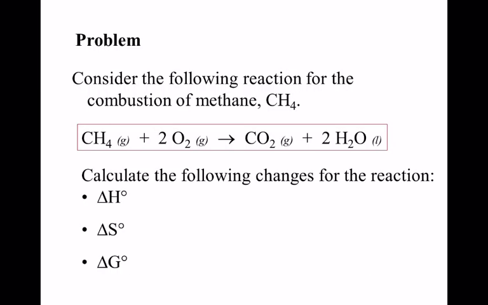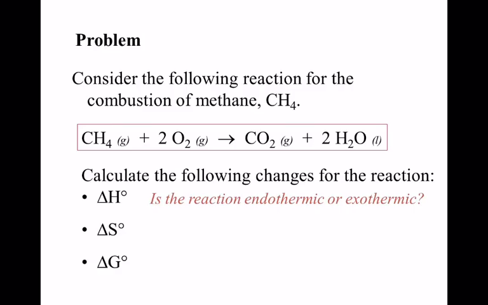Okay, so let's do a problem. I wanted to get to one of these today. So we could come up with these thermodynamic values for this reaction, as it's written from left to right.